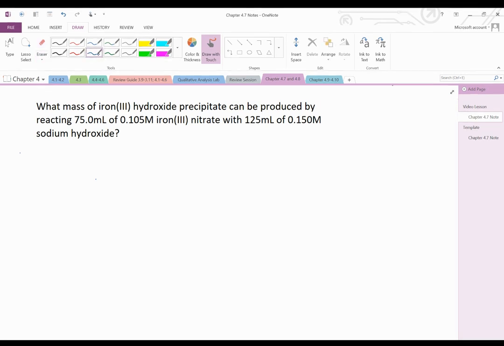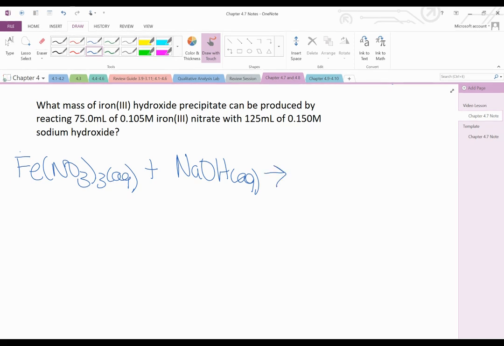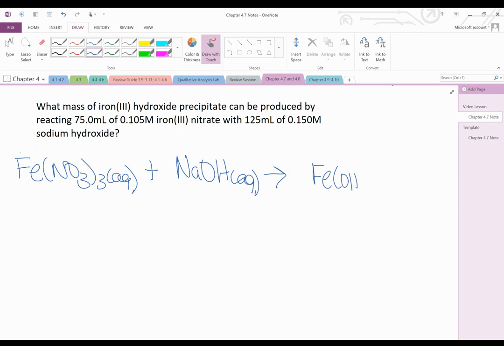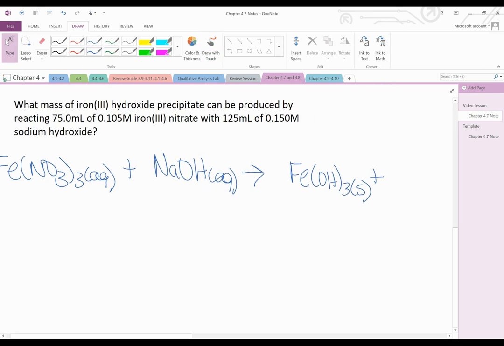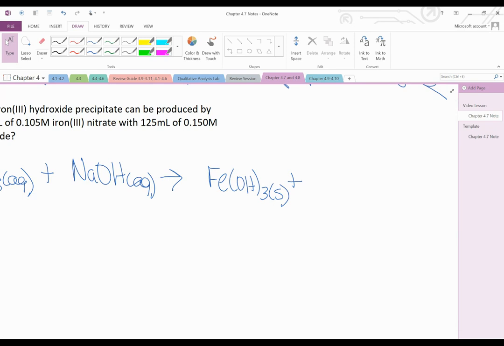You have iron 3 nitrate reacting with sodium hydroxide, and that's going to produce iron 3 hydroxide and sodium nitrate.